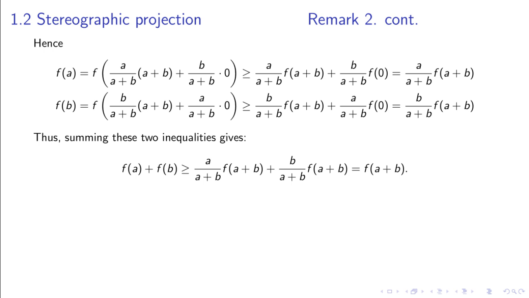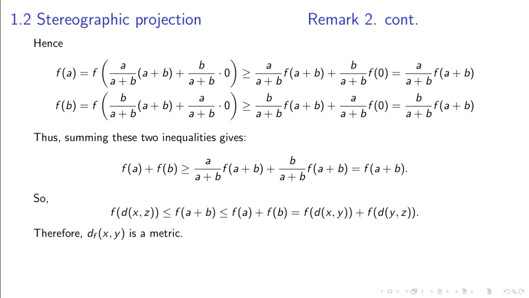Putting everything together, we have d_f(x, z) equals f(d(x, z)) less or equal than f(a plus b), and f(a plus b) is less or equal than f(a) plus f(b), which is f(d(x, y)) plus f(d(y, z)).